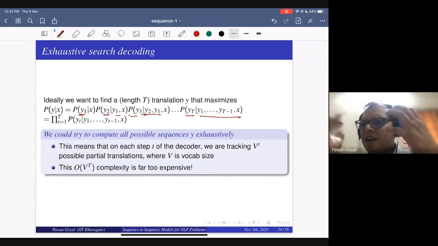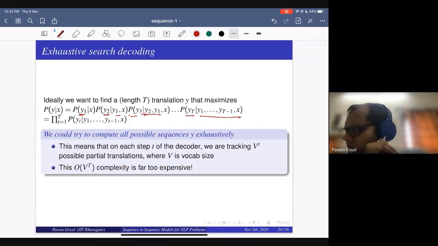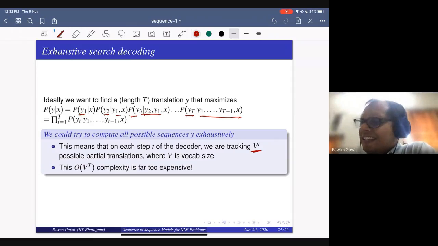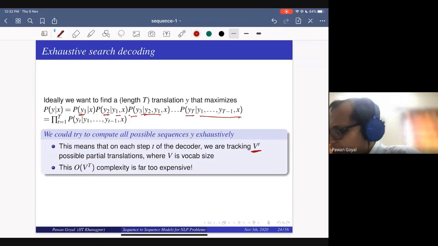So in general, if my vocabulary size is V, and I'm going for T time steps, that is I'm generating T words, 1, 2 up to T words, you have to take care of all the possibilities and see which possibility gives you the maximum probability. So each possible way of generating y1.